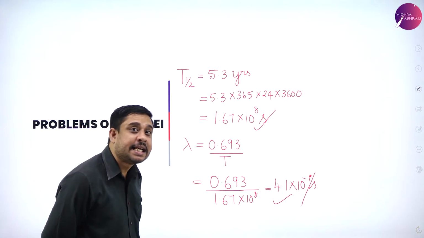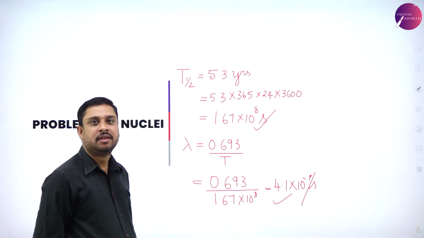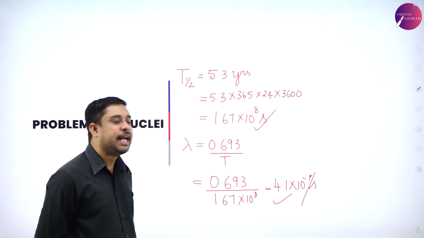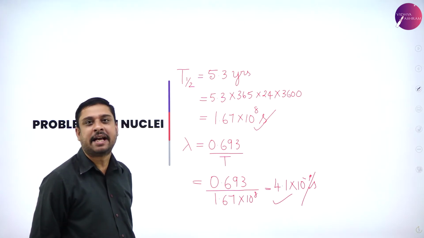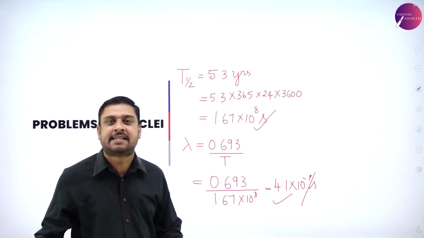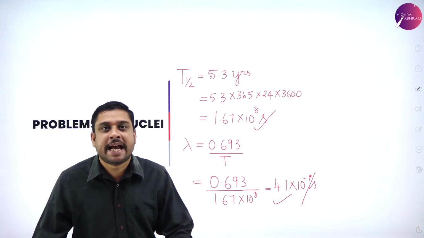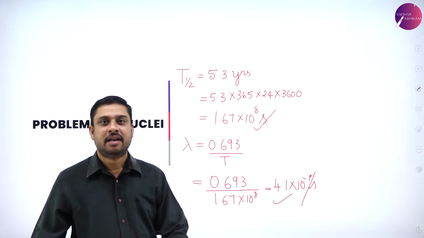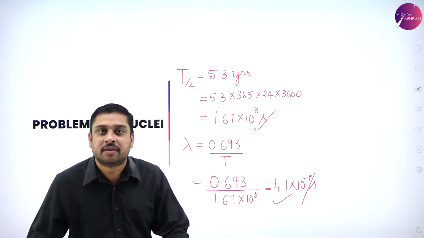With all these things, what is that I am aiming at? To calculate the mass of cobalt-60. So somewhere my thought says, if I have to calculate the mass, number of atoms is very important.